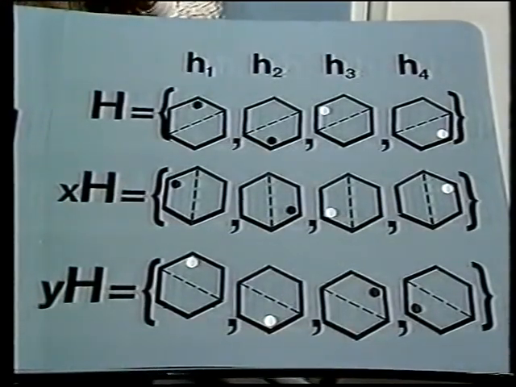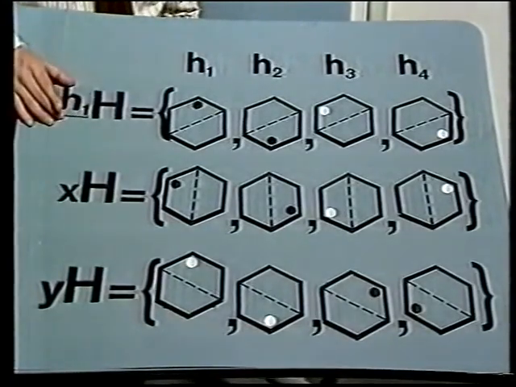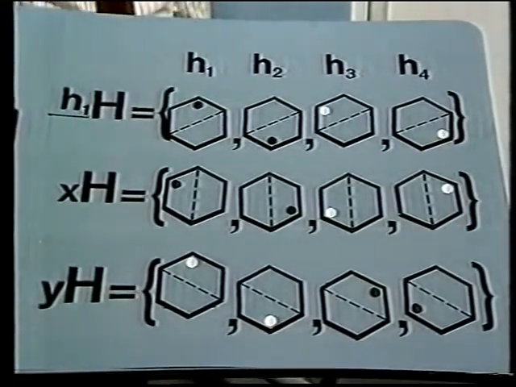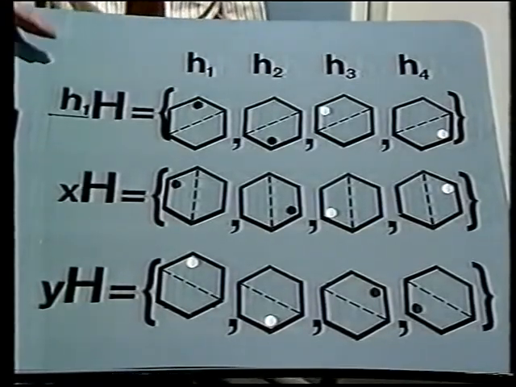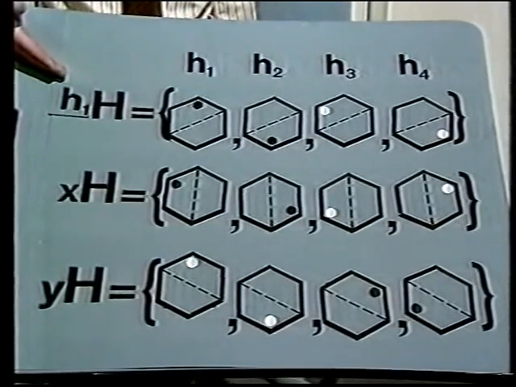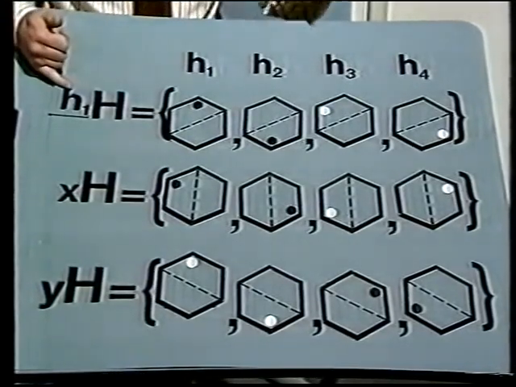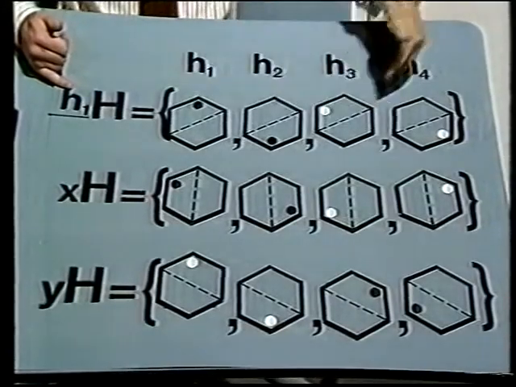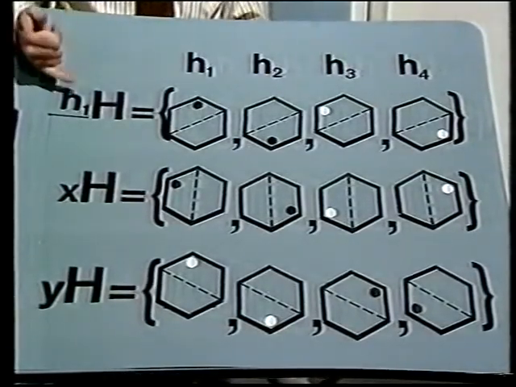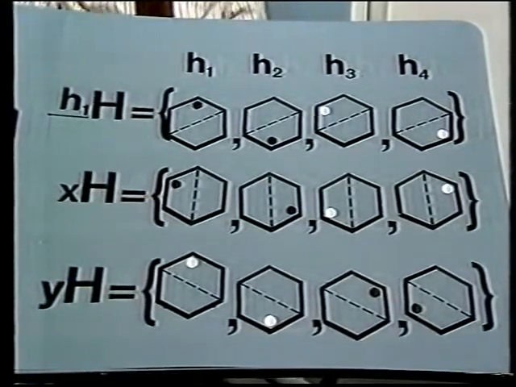It's the coset H1H, where H1, you'll recall, was the identity element. Why is that? Well, combining anything with the identity element, it just leaves it alone. So, for instance, H1 times H3 is just H3. And similarly for each of the elements. The coset H1H is the subgroup H itself.